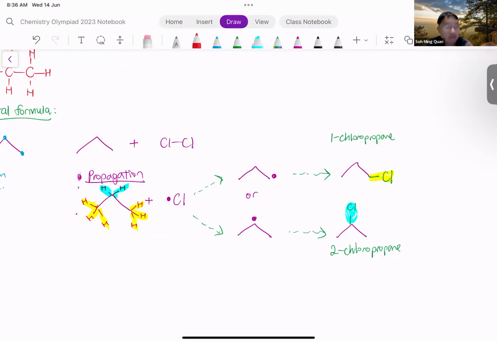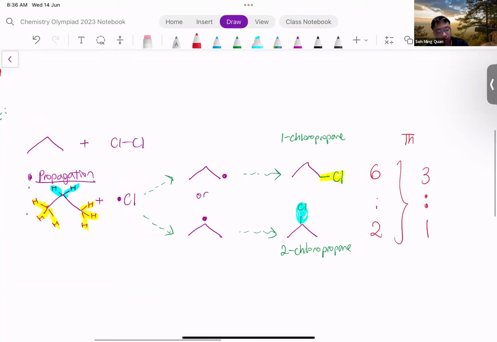Meaning, simply based on probability, 6:2, meaning 3:1. This is the theoretical expected ratio, simply based on probability.